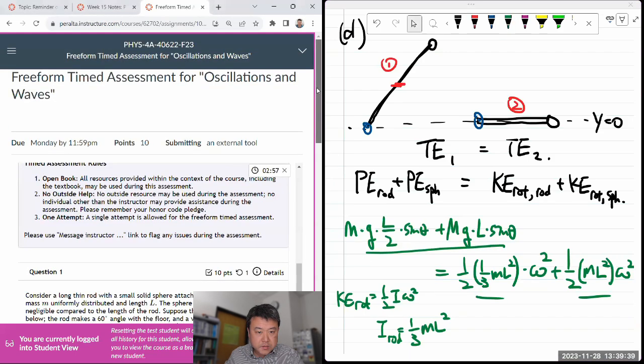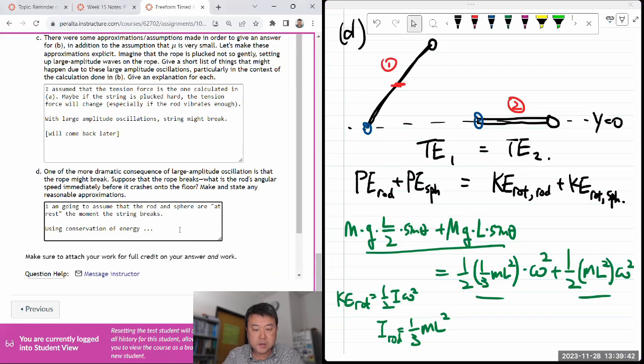So I'm going to do this first, to type up the equations. We solve for the following conservation of energy equation: m g L over 2 times sine theta plus M g L times sine theta is equal to 1/2 times (1/3) m L squared times omega squared plus 1/2 times M L squared times omega squared.